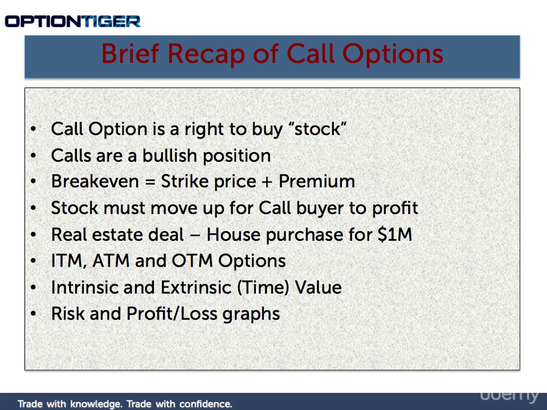Now, because you've already done the call options, we don't need to take specific examples of all three types of options in this course. Once we explain the concept, and then when we go over to the real Apple platform, that's when we're going to look at all three kinds of options: the in the money, the at the money, and the out of the money.